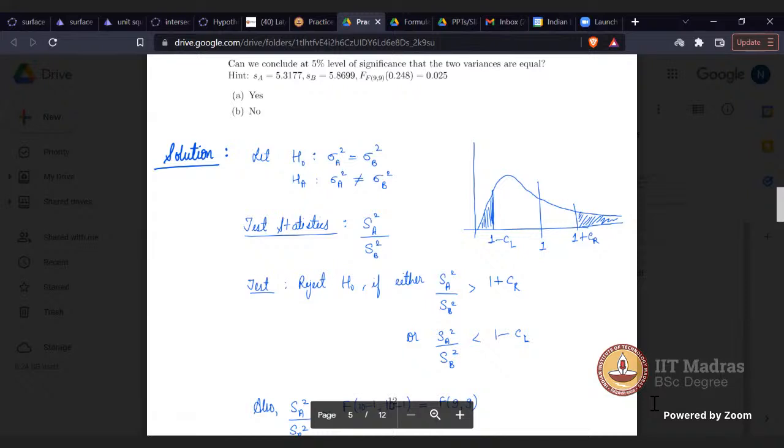Or if you want to take the test statistic to be SP square upon S square, then accordingly that will also change. So you will have to reject H naught if SP square upon S square is greater than 1 plus CR. So you can decide on the basis of what information you have in the problem.